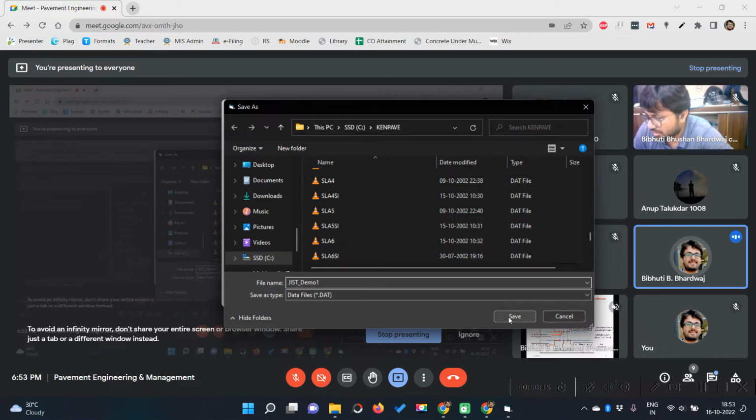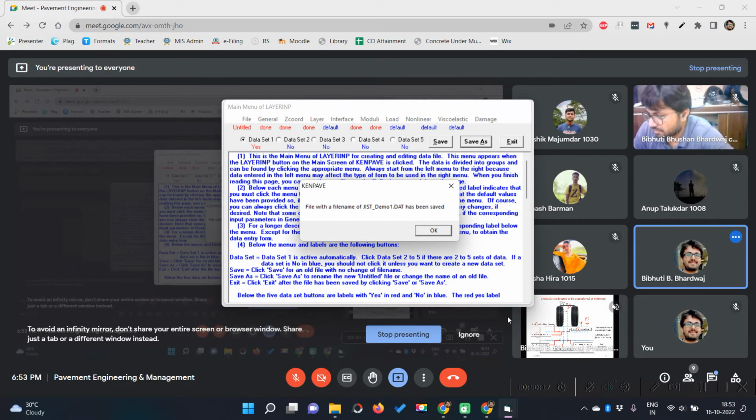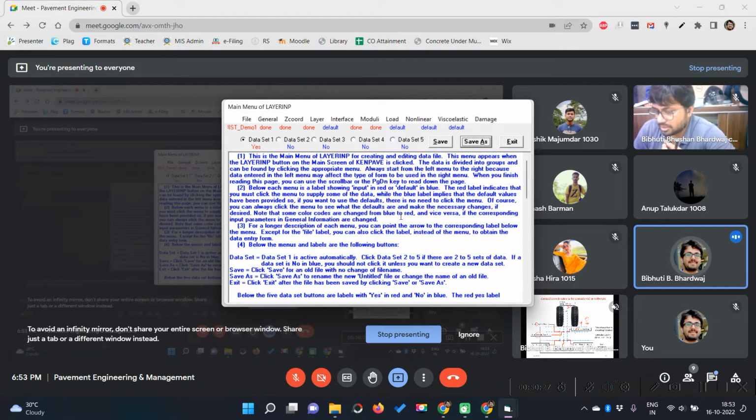ZIST demo 1. Click on save. It is saying that the file with file name ZIST demo 1 has been saved. Click on OK and wait. Are you able to do that? Yes, sir. Okay. So now click on exit.